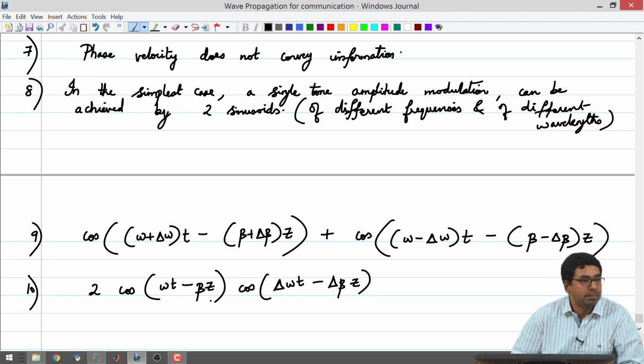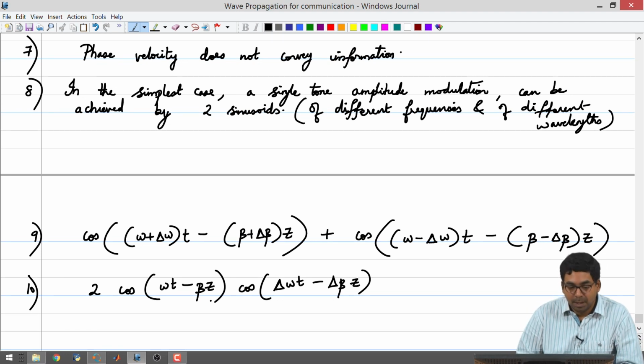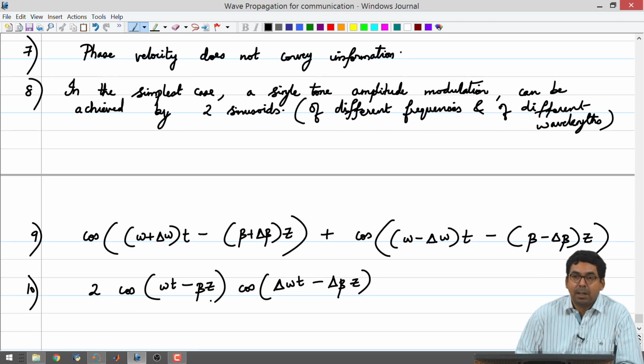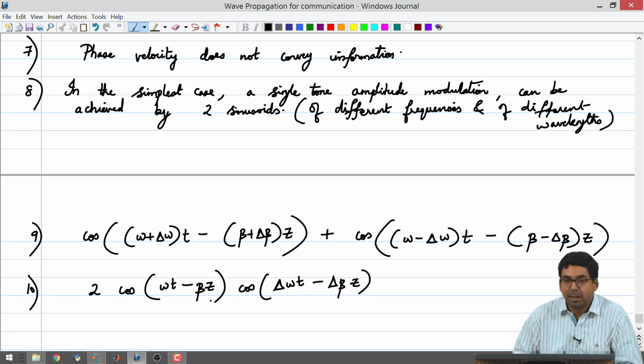Now, if I were to take these components individually, I could say that the first sinusoid has a phase velocity of omega divided by beta. The second sinusoid, or the cosine here, has a phase velocity of delta omega divided by delta beta. Now, the real question is: omega divided by beta and delta omega divided by delta beta, are they very different?